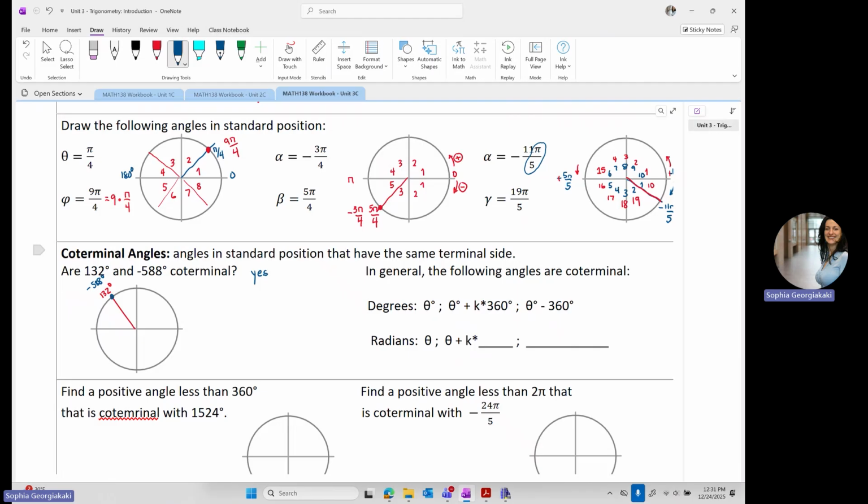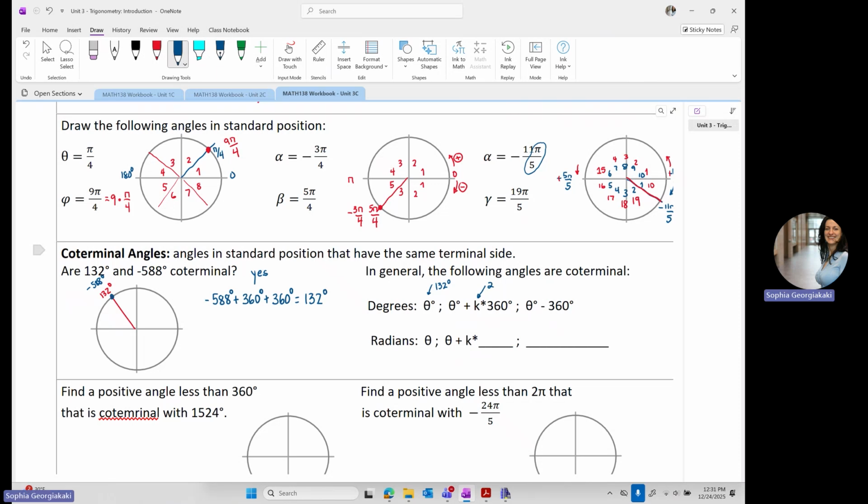I took one angle theta. Let's say that this was the 132 degrees. And then I took theta plus K times 360 degrees, where K was 2, and negative 588 plus 360 twice gave me 132.